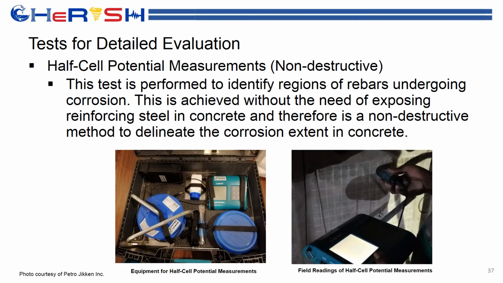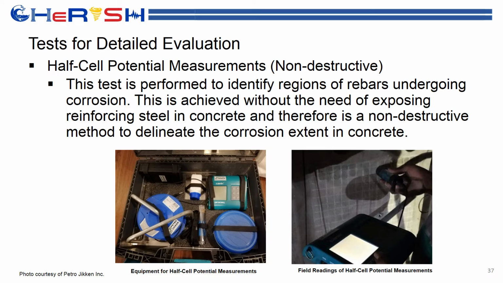If there is already a surface manifestation of corrosion, then what we need to do is to determine the extent of this corrosion, okay? And this is achieved by doing what we call a half-cell potential test. And this is non-destructive. We don't need to expose reinforcing bars. Therefore, the test allows us to delineate the area with corrosion, okay?